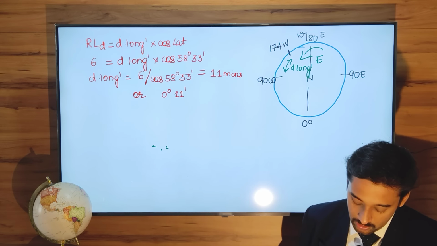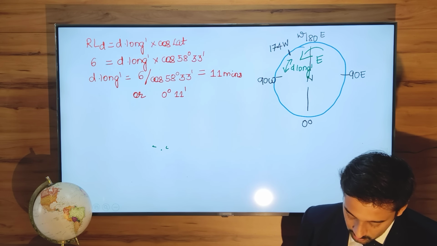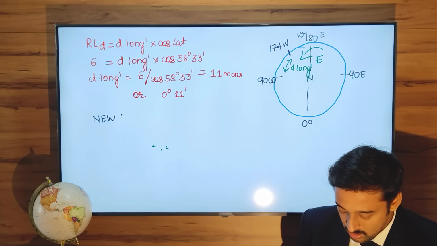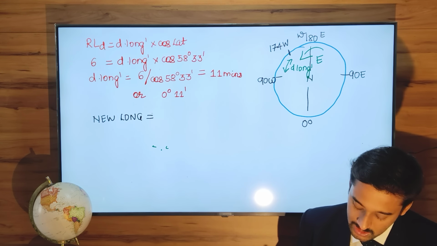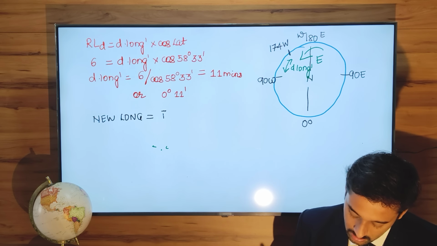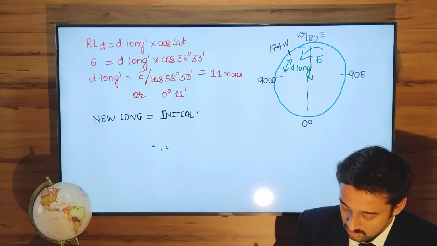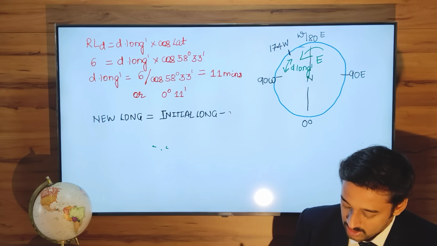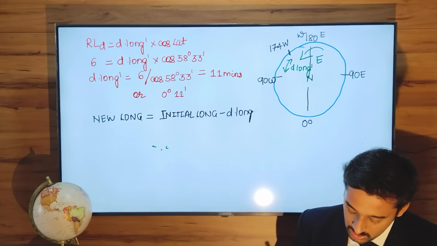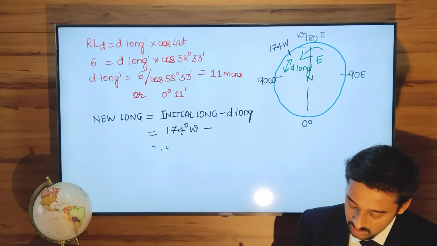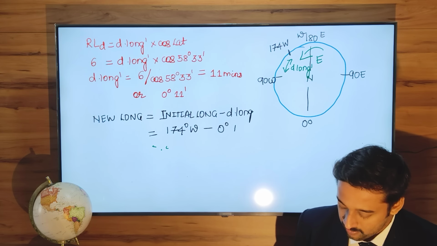Right? So now our new longitude will be equal to the initial longitude minus d long. Initial longitude is 174 degrees west. Difference in longitude is 0 degrees 11 minutes.